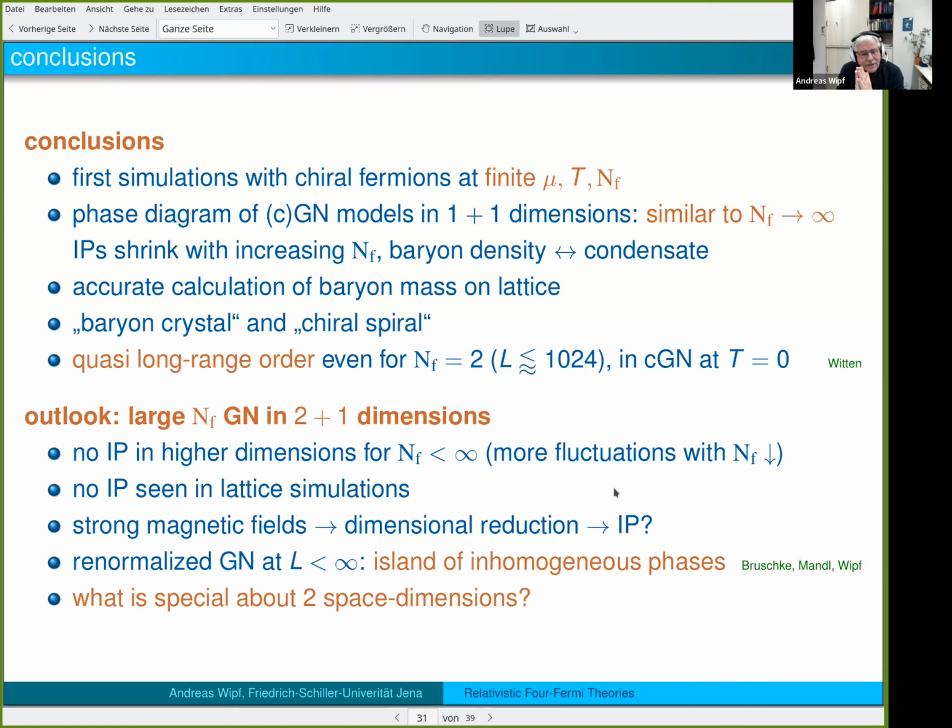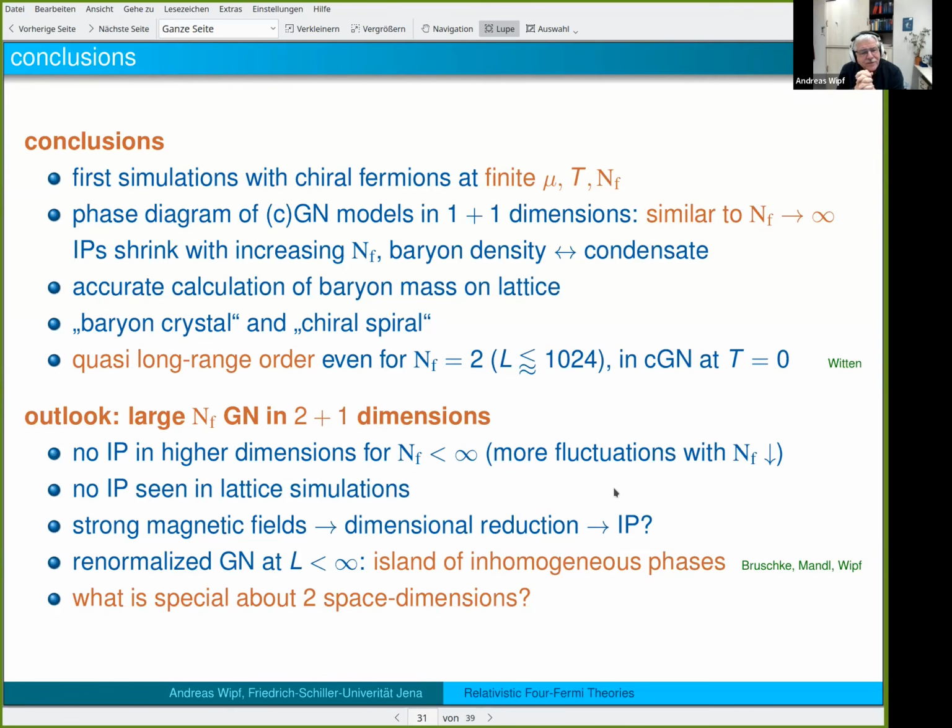And again, in the large N_F, if you don't find an inhomogeneous phase, you should not expect to see them at finite N_F, because again, the fluctuations increase if you decrease the number of flavors, and it just destroys and does not create crystalline structures. So no, we haven't seen any inhomogeneous phase in lattice simulations in higher dimensions.